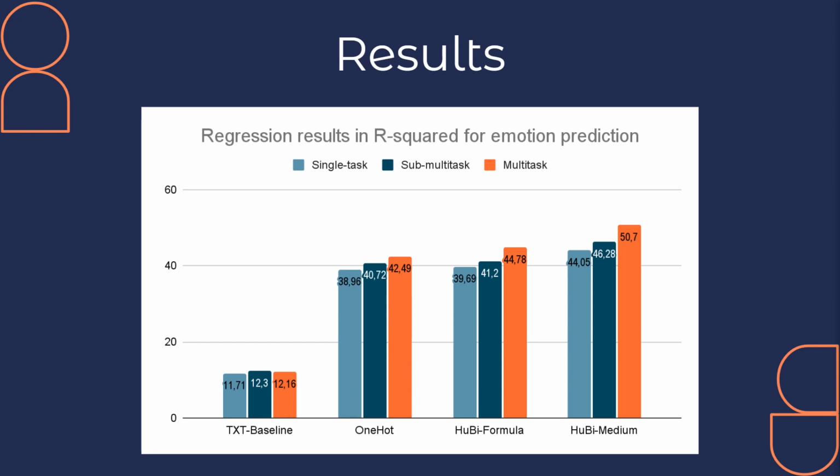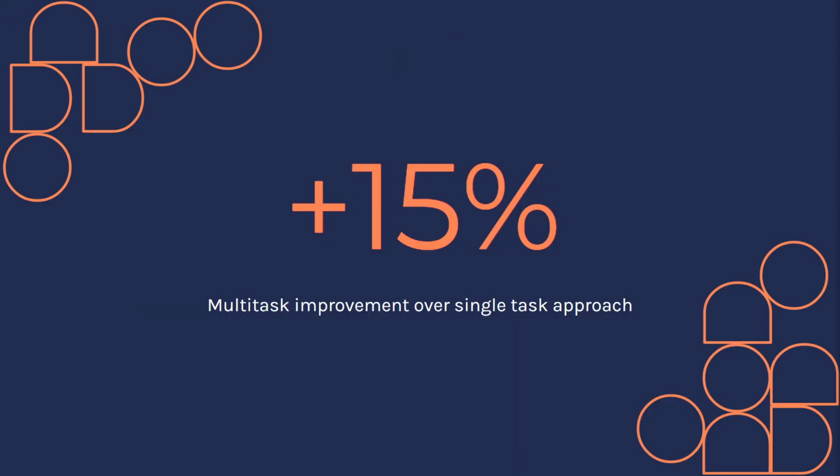And within them, it is clearly visible that joint solutions, I mean sub-multitask and multitask, were far better than the single task approach. In our research, the multitask approach gave more than 15% improvement over the single task approach.